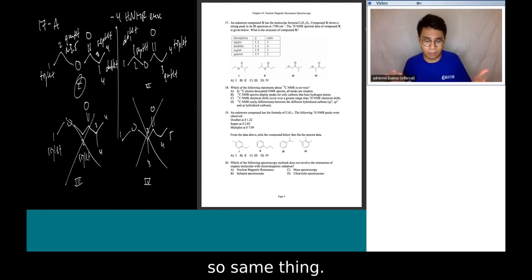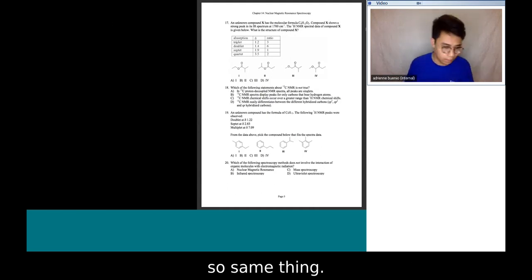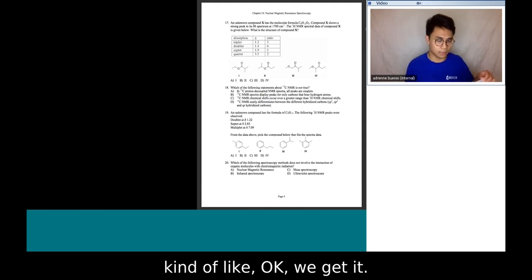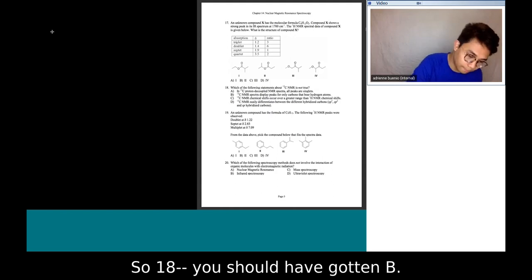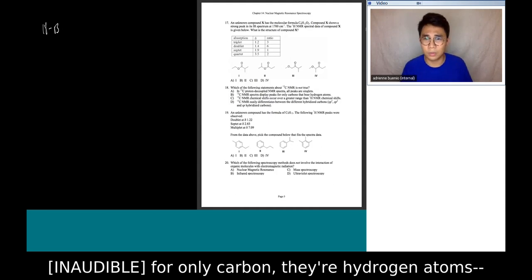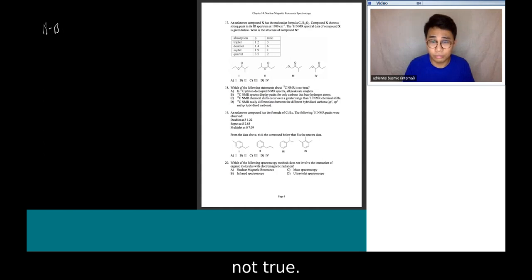So same thing. Okay. Now 18 is also kind of just like a concept one that's kind of like, okay, we get it, right? So 18, you should have gotten B, and that's just one of those things you kind of need to know. Display spectra where only carbons that bear hydrogen atoms. Not true, right?